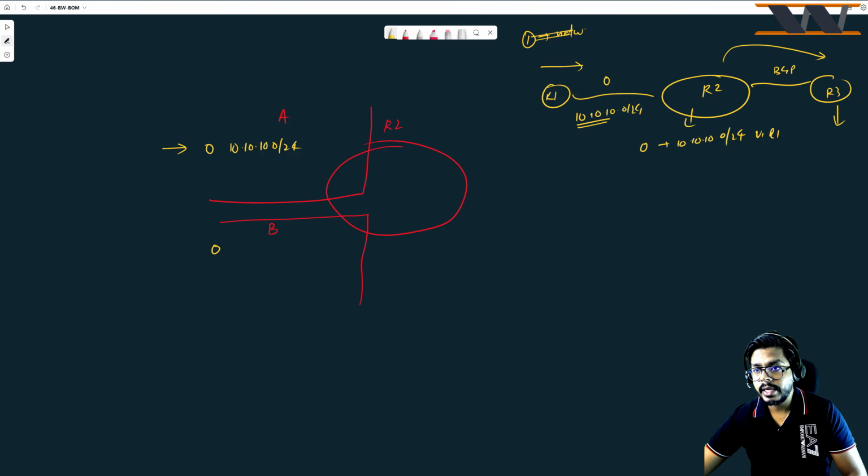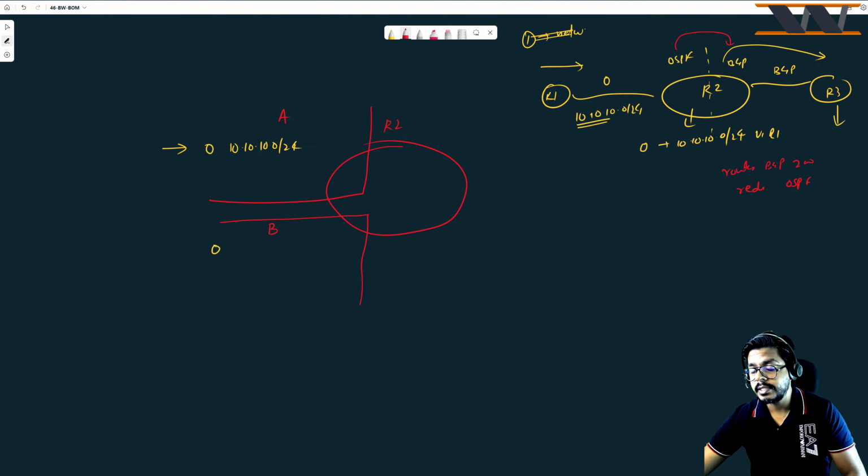R2 is running two processes, here OSPF, here BGP. What if I want this OSPF route in BGP? I can redistribute this route into BGP by going into the BGP configuration mode, router bgp, maybe 200, and then I will write redistribute ospf.